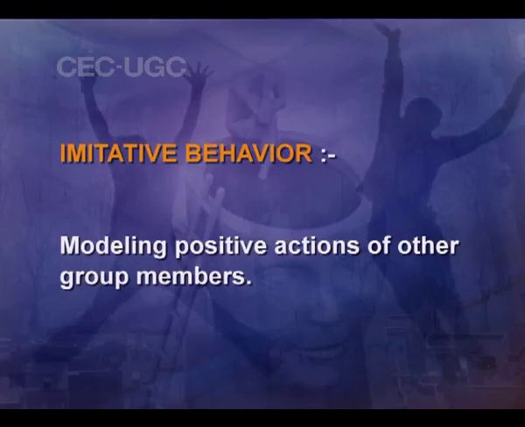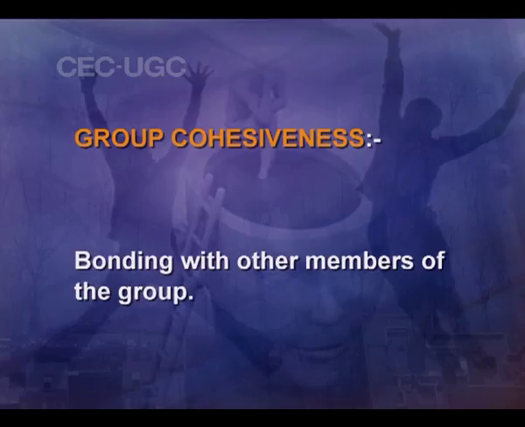Imitative behavior: modeling positive actions of other group members. One way in which group members can develop social skills is through a modeling process, observing and imitating the therapist and other group members.